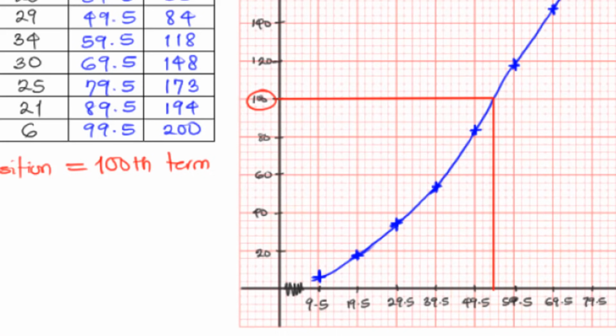So the question is, what mark is corresponding to that on the upper class boundary axis? You can see from the graph that it is exactly in the midpoint of 49.5 and 59.5.